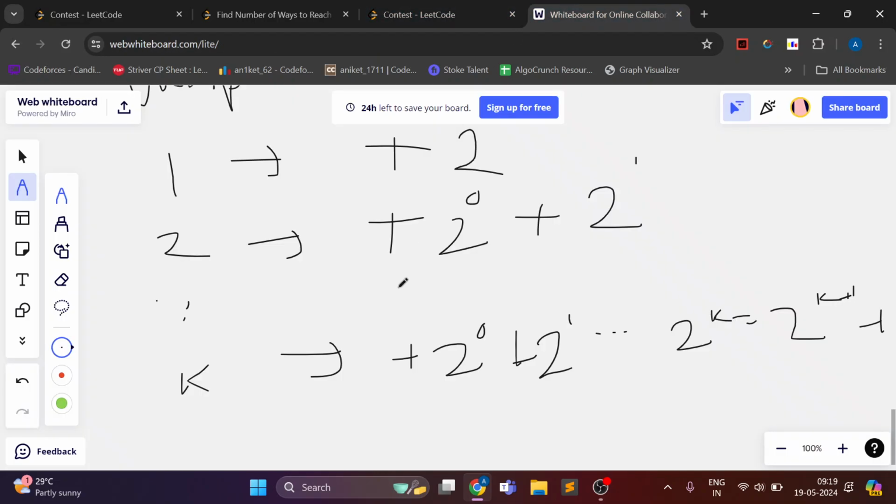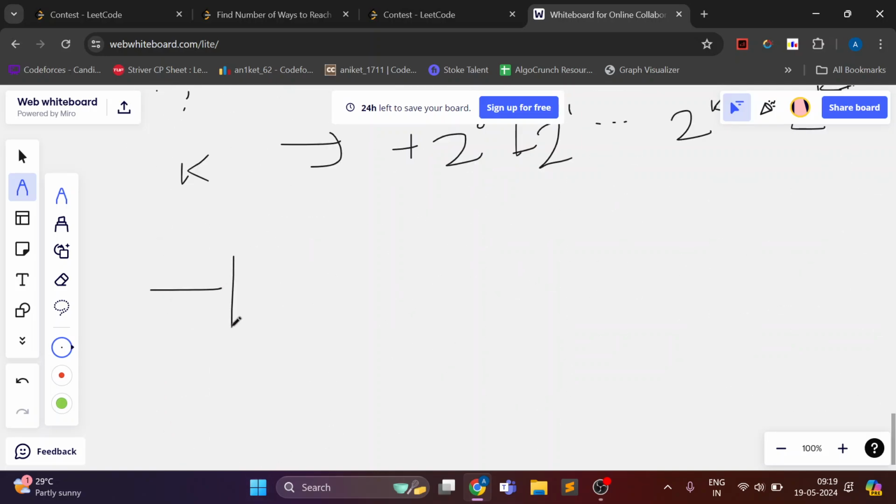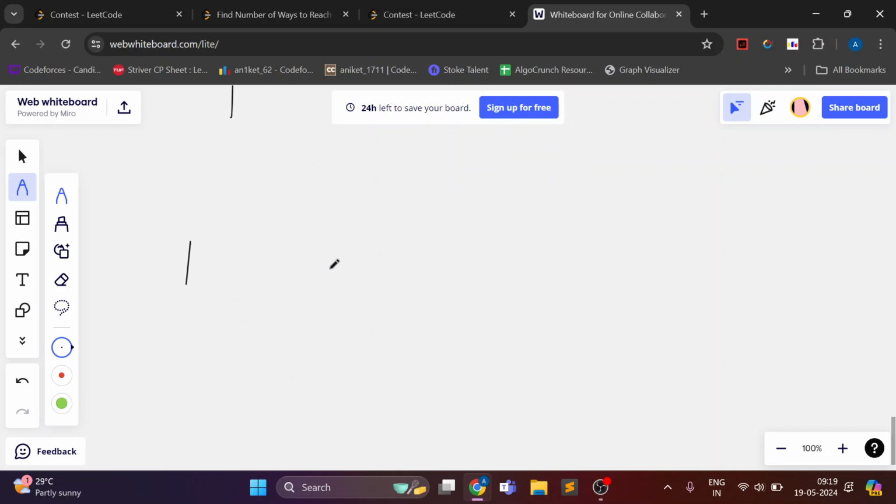Now the second is the subtractions, or jumping down, which is just subtraction of 1. This cannot be done consecutively and also cannot go into negative. So if I have to represent a value k from 1, let's say I do j number of jumps.